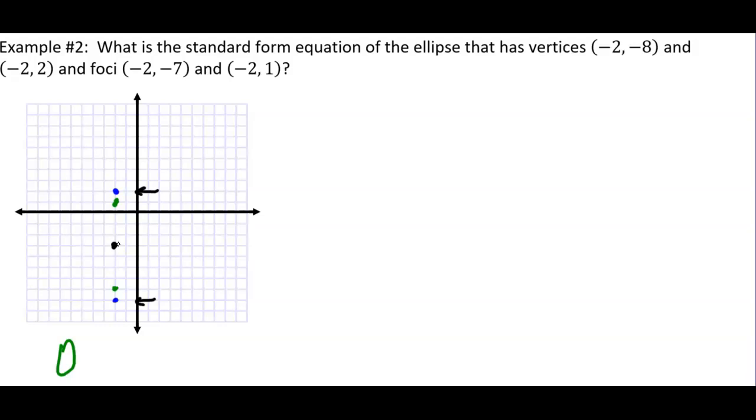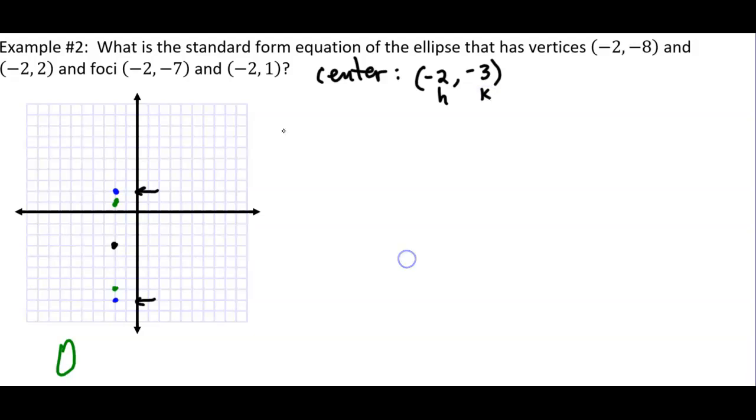But you could do that even if they didn't work out nicely. Hopefully they will. But now we know the center of the ellipse is at -2, comma, -3. And that's going to be our h then, and our k. So we've got that part figured out, so that's nice.